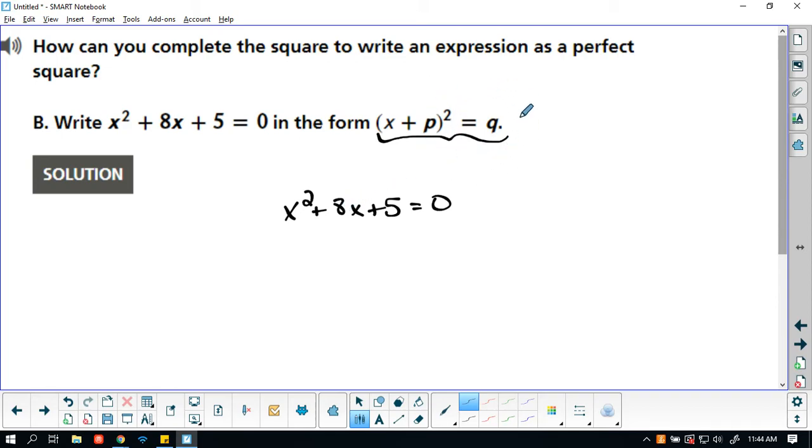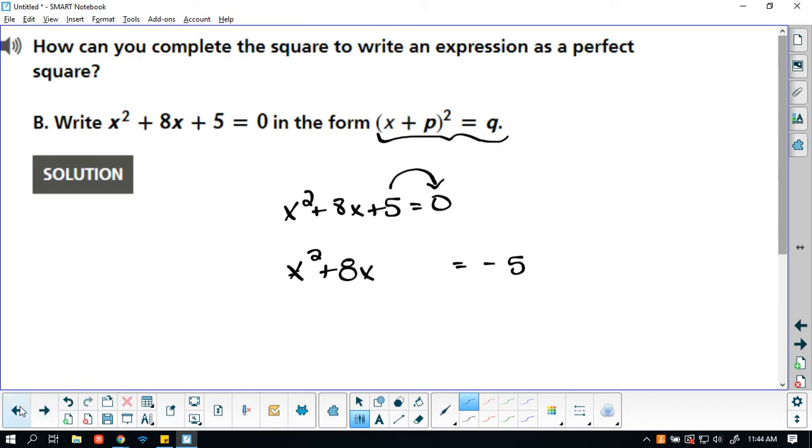The first thing that I notice from this is that q is on the right-hand side, and there are no constants on the left. So I'm going to take this 5, and I'm going to subtract it. That leaves me x squared plus 8x on one side equals negative 5 on the other.